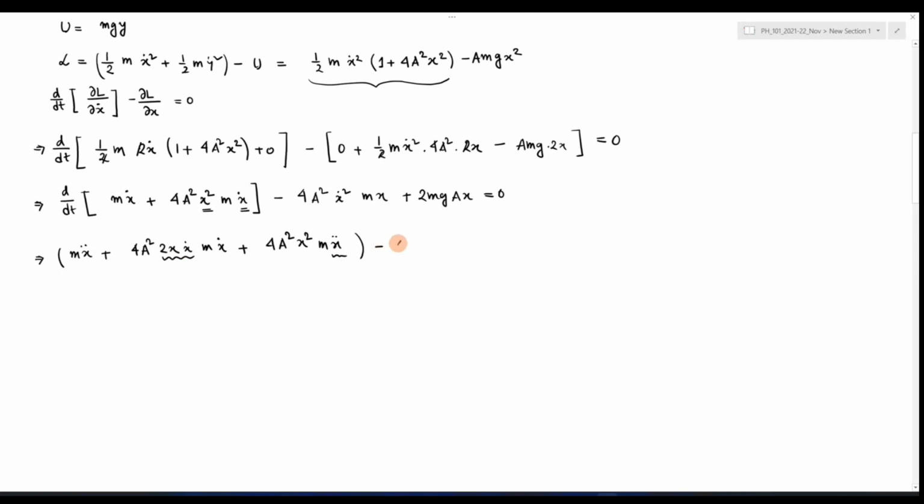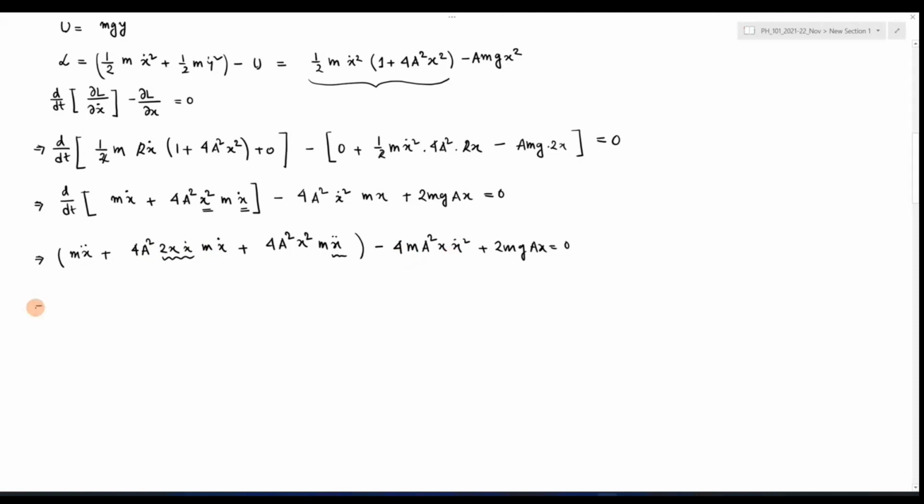Yes. Good. 4 m a square x x dot square plus 2 m g a into x. Okay, now this is 8 a square m x x dot square.